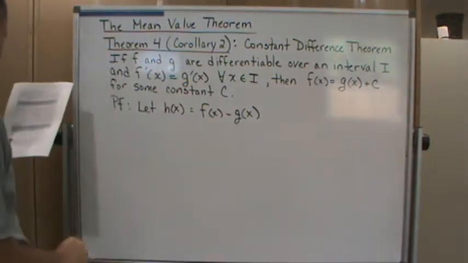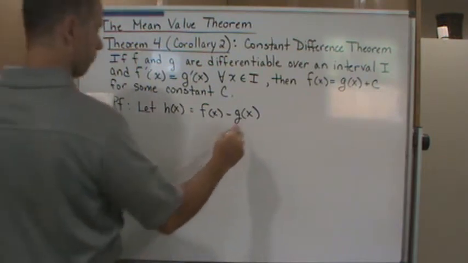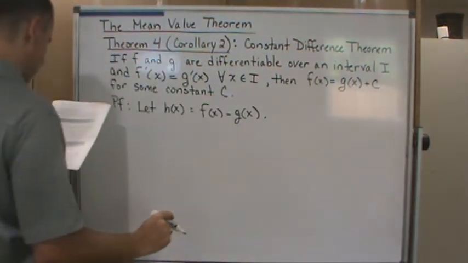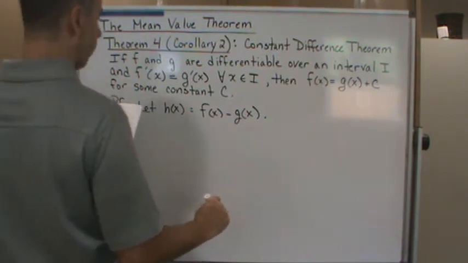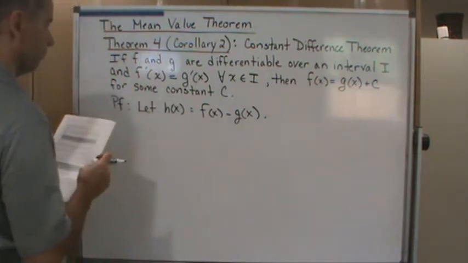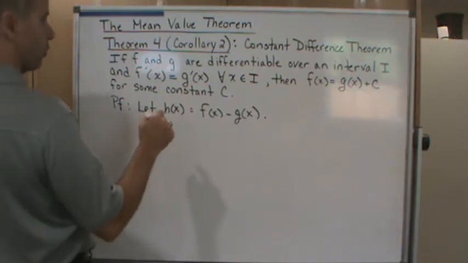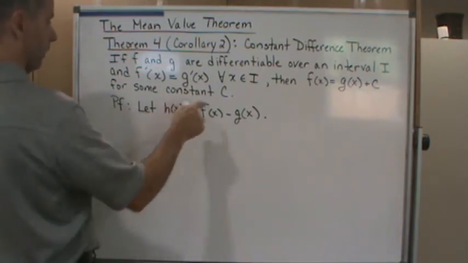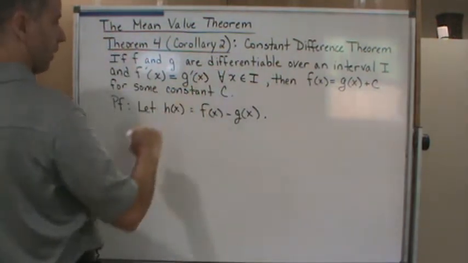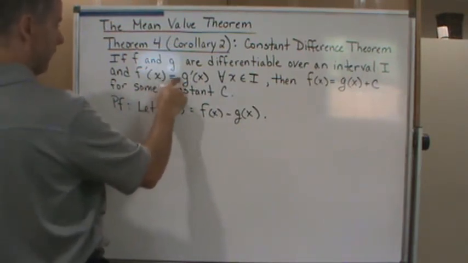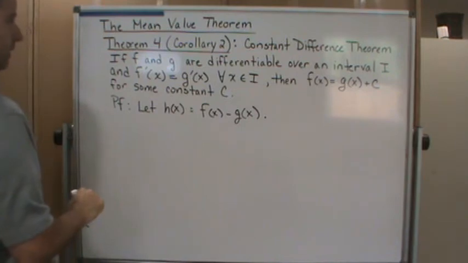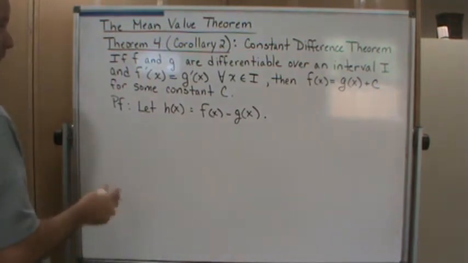Now, what we're saying is, again, we're assuming that f and g are differentiable over an interval I, and that f prime of x and g prime of x are the same for all values of x.